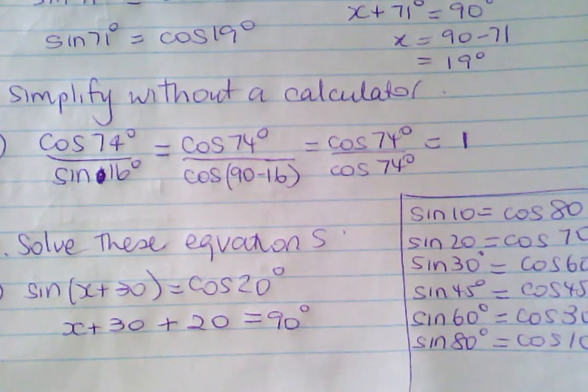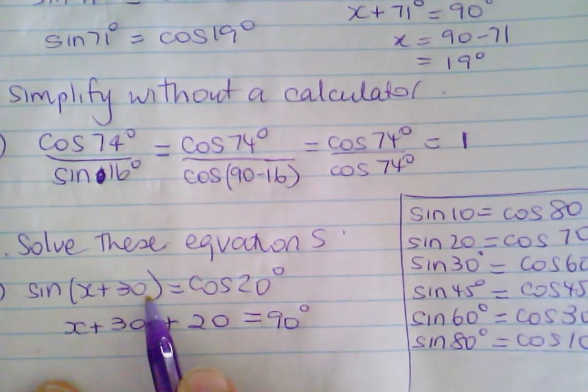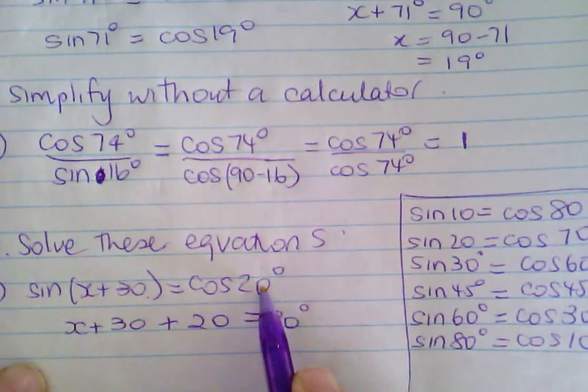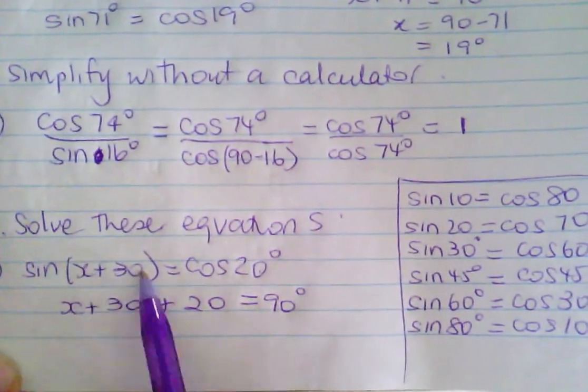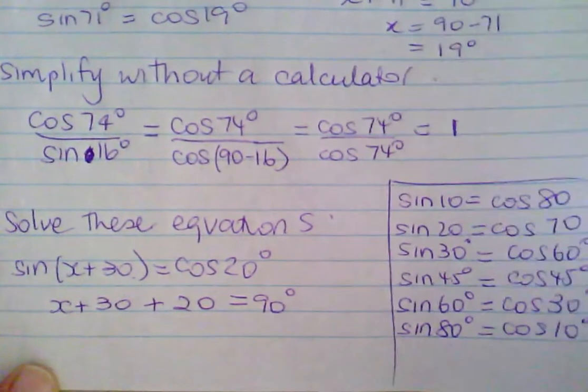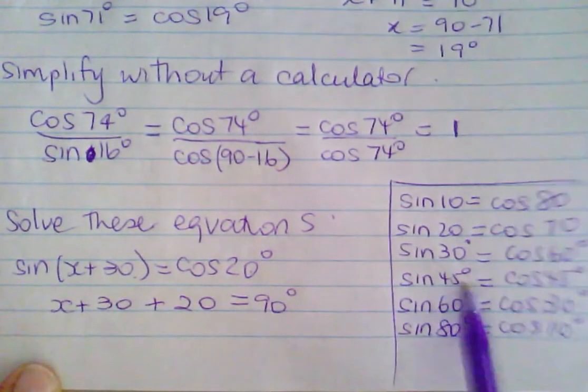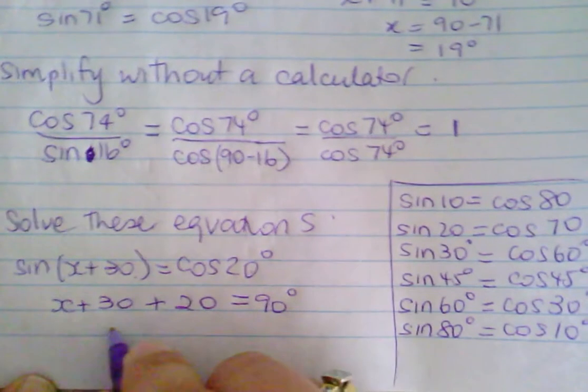Complementary results add up to 90 too. The angles of the complementary results add up to 90. Got it? So that x plus 30, as long as it's a sine and cos, don't add up two sines. The sine angle plus the cos angle add up to 90. You can see it.